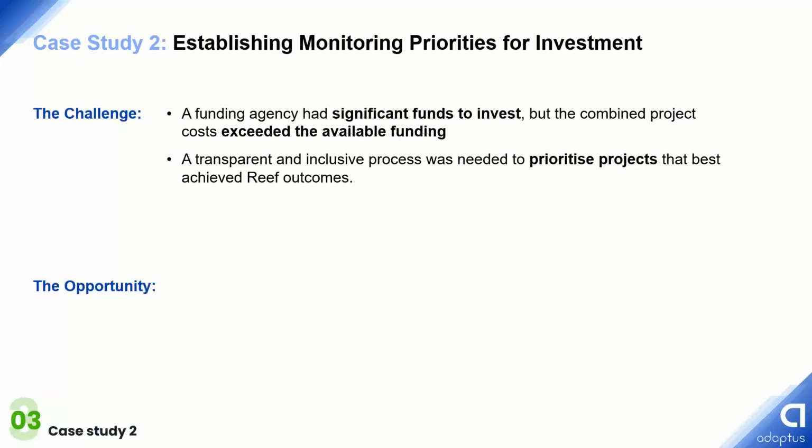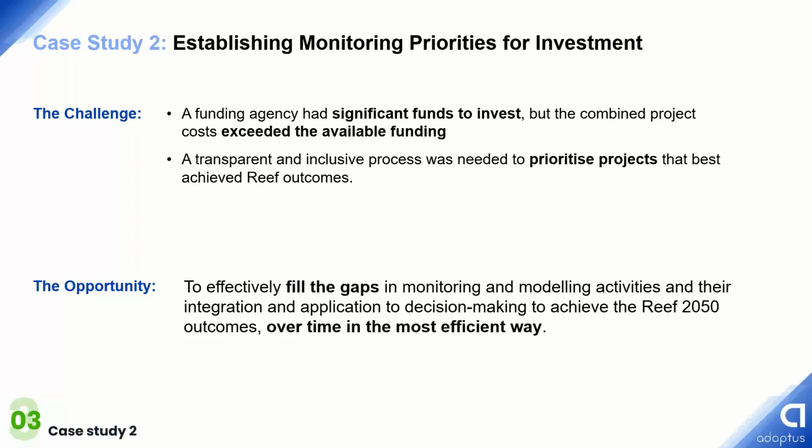And so the project proponents all got together and, semi-independently from the funding agency, decided to go through this process to prioritise the projects amongst themselves to discover which ones best achieved reef outcomes.